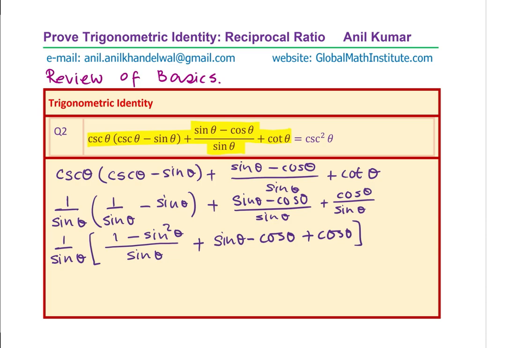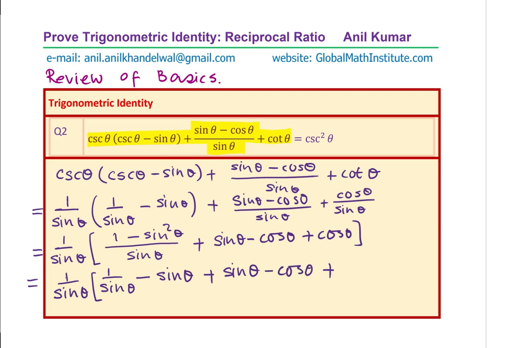Correct? Now, you can clearly see that we have 1 over sine theta, and within the bracket, I could write each term as 1 over sine theta, and this is minus sine square theta over sine theta is sine theta, plus sine theta, minus cos theta, plus cos theta, correct?